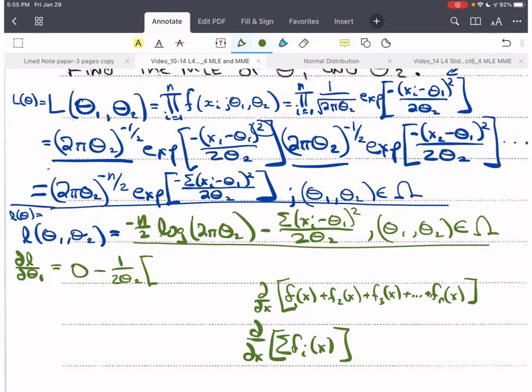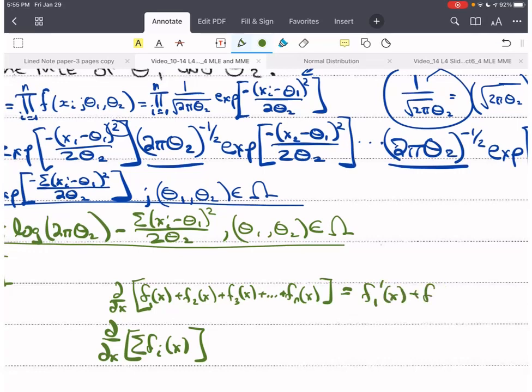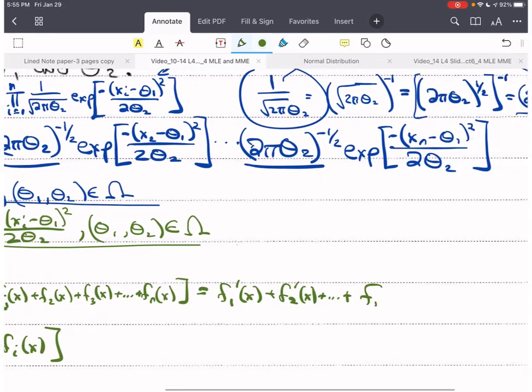Well, we know that this is equal to f1 prime of x plus f2 prime of x plus dot dot dot fn prime of x, which is equal to the sum of fi prime of x.